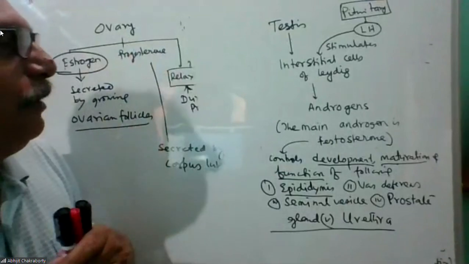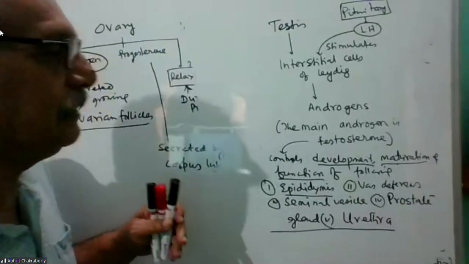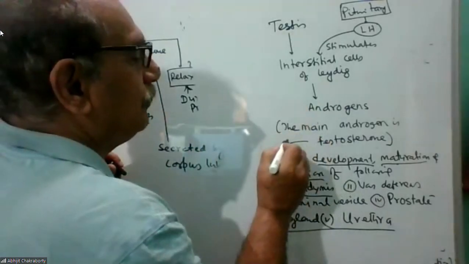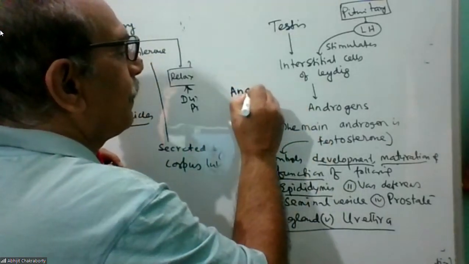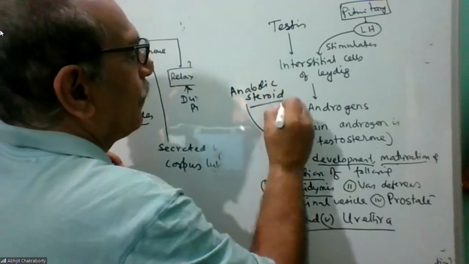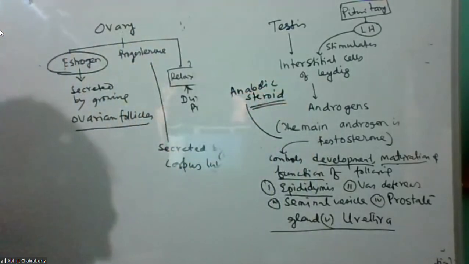So this is what about the testes, and the testis hormone is also called anabolic steroid.